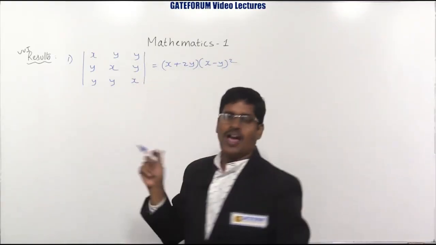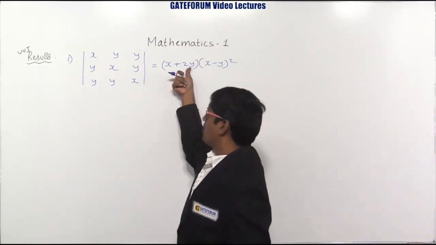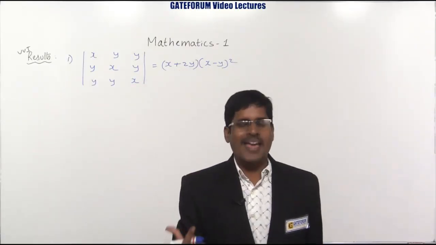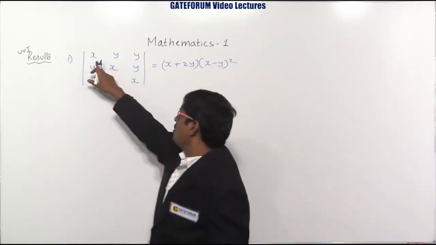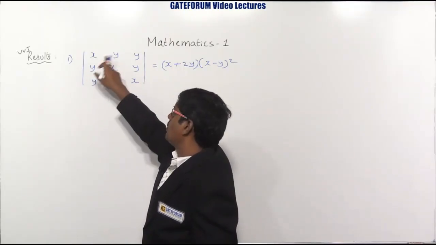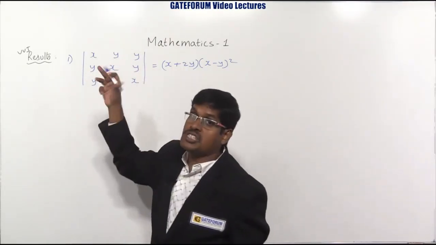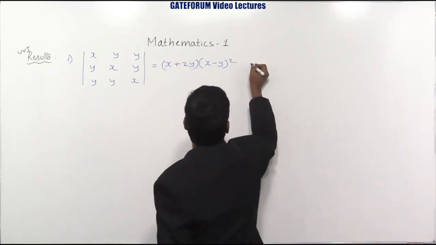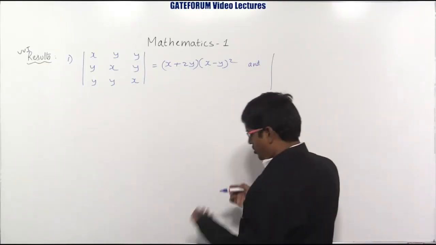In every row, you have one x and two y's. Just add. You will get x plus 2y, which is the first step. In the second and third step, subtraction. That means if I take the first row, first element minus second element, first element minus third element. Don't take the same elements subtraction, which gives 0. Okay. And extension to 4 by 4, 5 by 5 also.